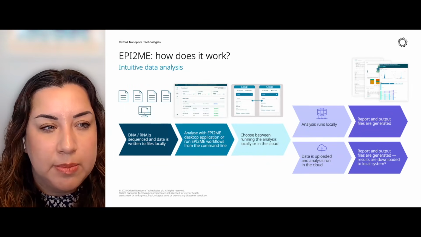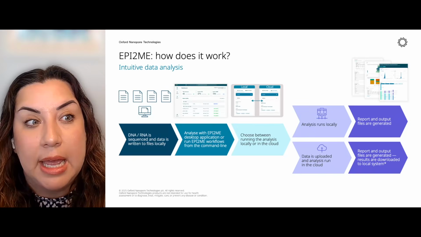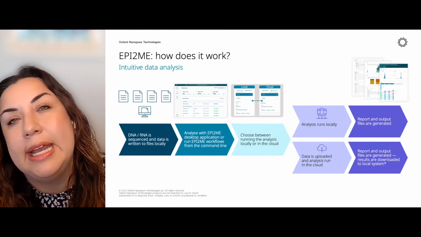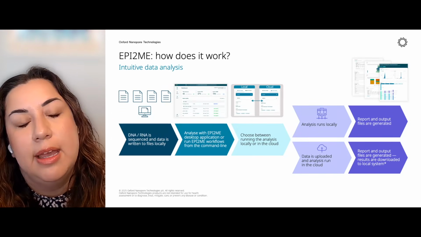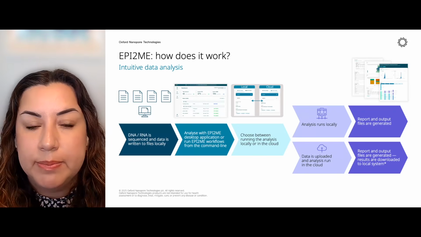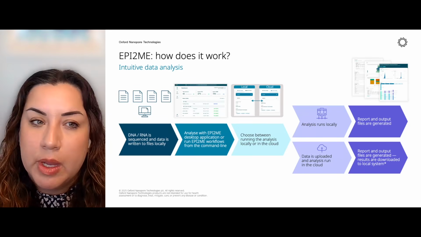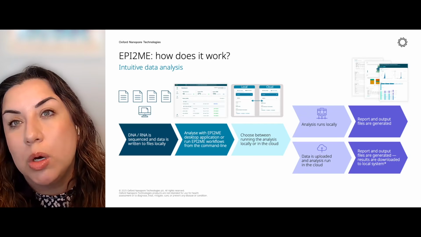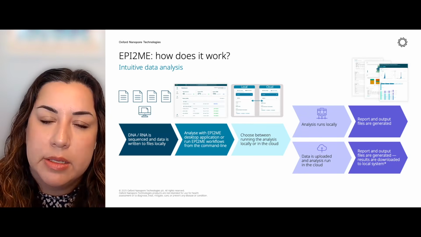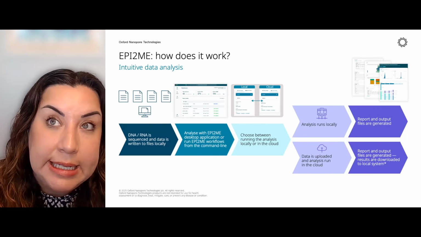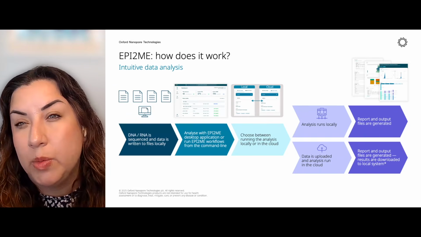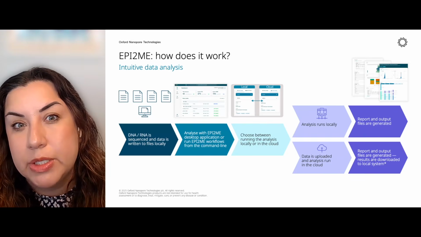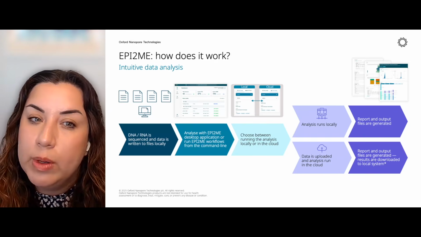And so Epi2Me, from an end-to-end workflow, you get a DNA or RNA that is sequenced. Then the files are written locally. You analyze with Epi2Me. And then you choose between running the analysis in the cloud or on-prem, and that really just depends both on your computing needs and capabilities, as well as any regulatory body concerns that you may have.